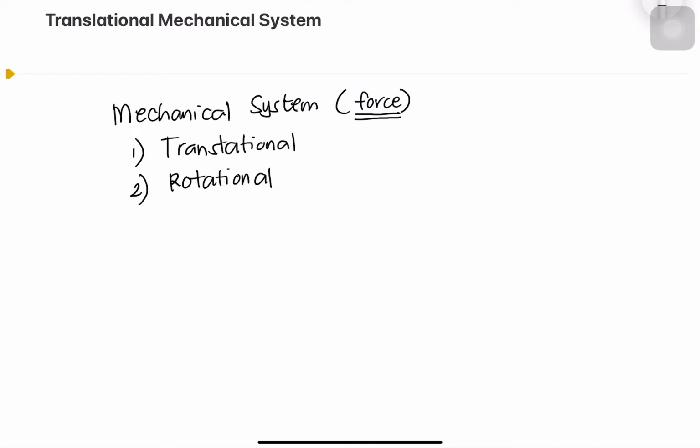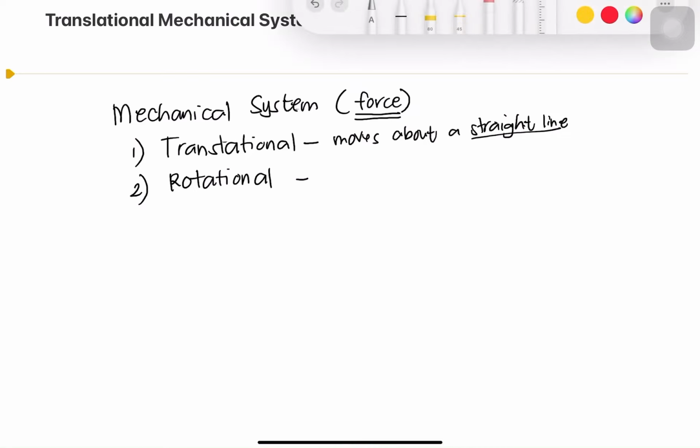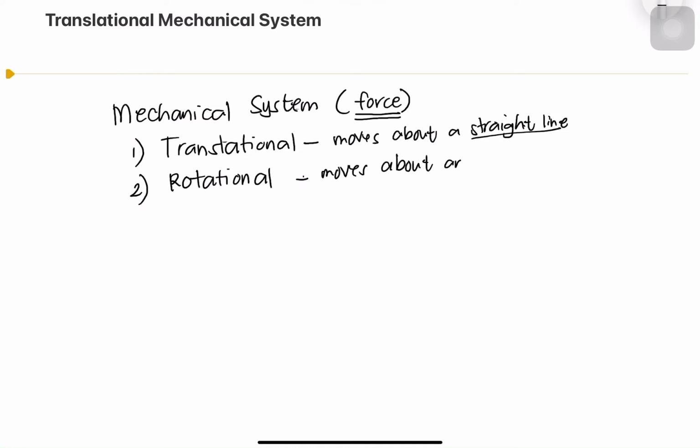So what's the difference between the two mechanical systems? So for translational system, the force moves about a straight line. Whereas for rotational, it is a system wherein the force moves about an axis.